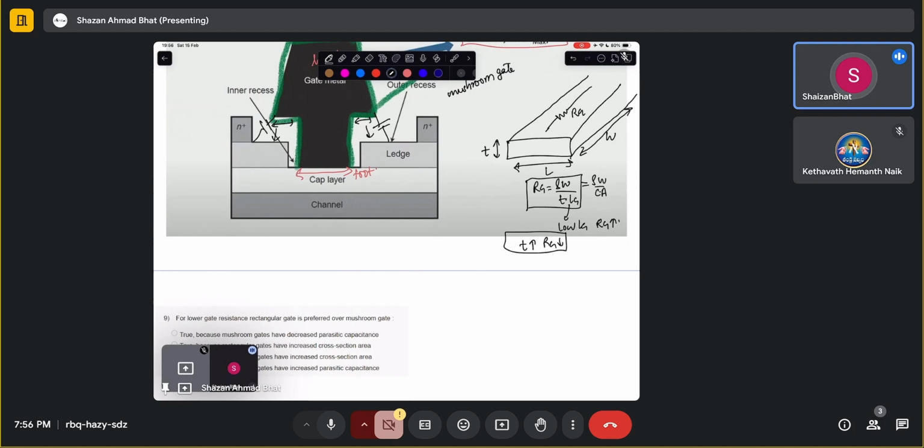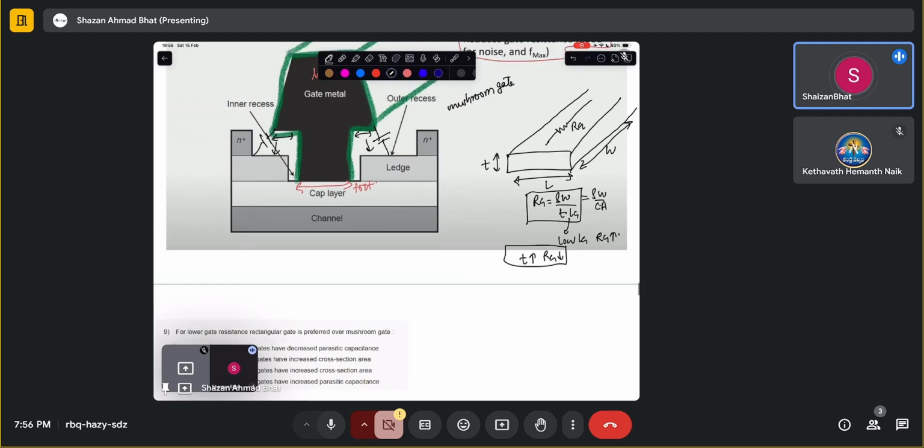So you want to play with these structural parameters. And Lg you cannot change much, because the more of this area is over the channel region, the more control there will be over the channel. So you don't want to play with this, because this is a field effect: the larger the L, the better the field control over the channel.